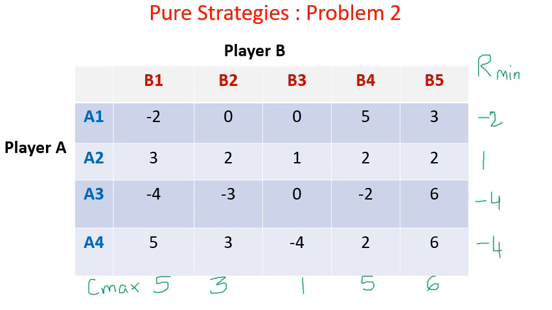So now we have to select the maximum, right? Out of the row minima, I have to select the maximum value. This is the maximum value.